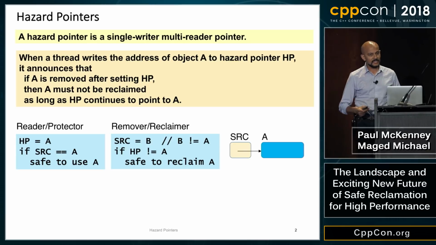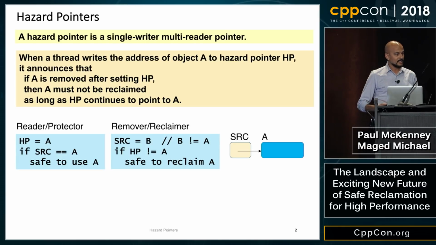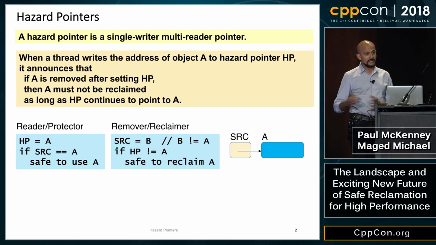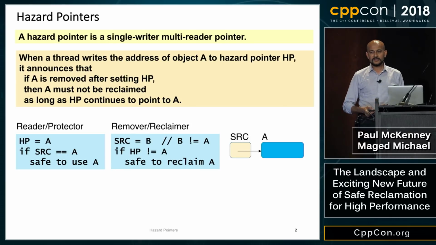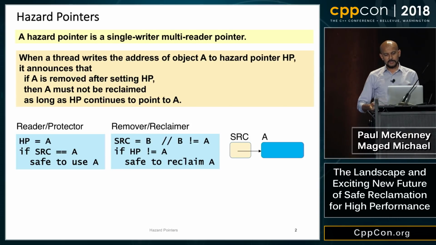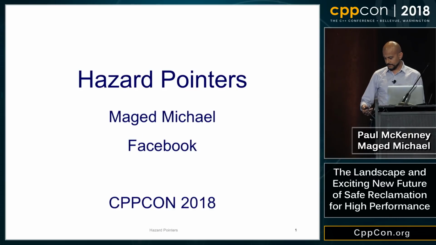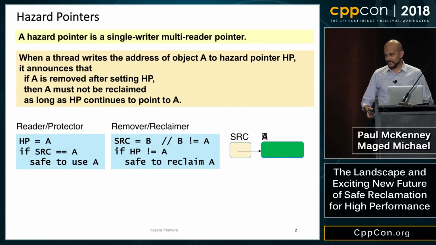The important thing is that it hasn't been removed yet or retired, as Paul alluded to in the API. So from the reader side, that's the guarantee: they were able to set the hazard pointer before it got removed. From the point of view of the remover, they replace A with B.